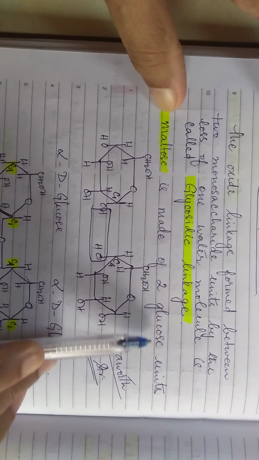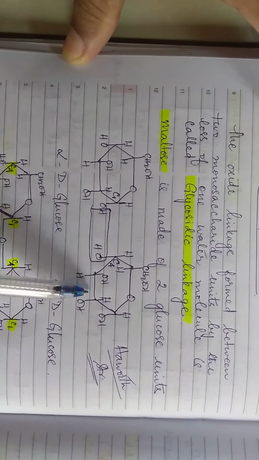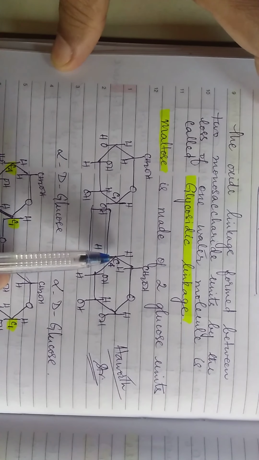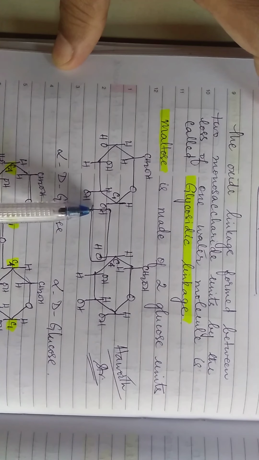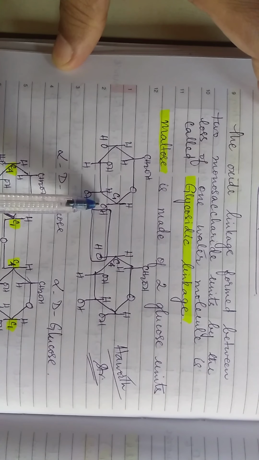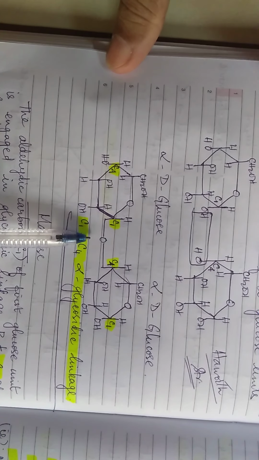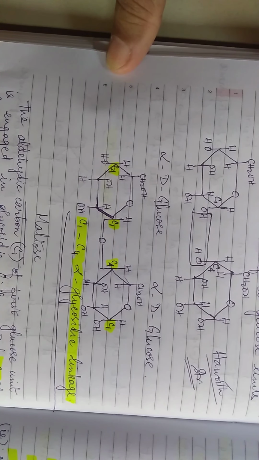Maltose is made up of two glucose units, alpha-D-glucose and alpha-D-glucose. At the C1 position there is OH, and at the C4 position there is OH. Between these two, one water molecule is eliminated, with the result that this O will be in between the two units like this. So this is called a C1, C4 alpha glycosidic linkage, or simply glycosidic linkage.